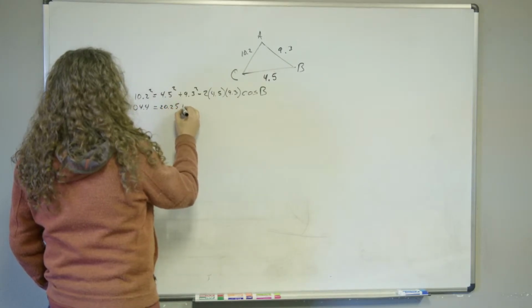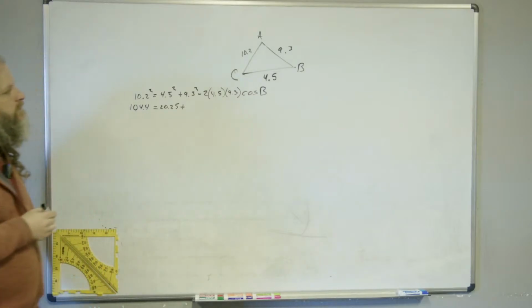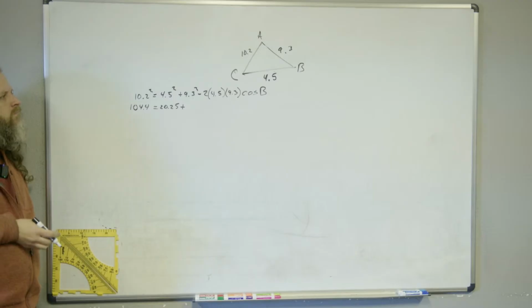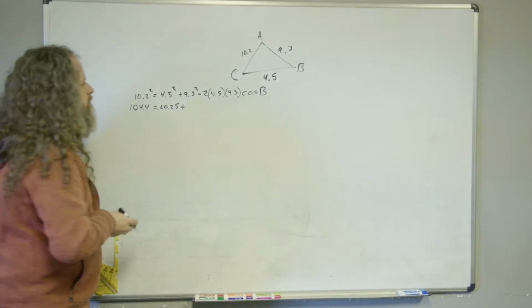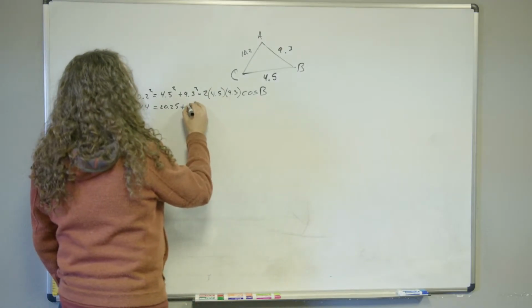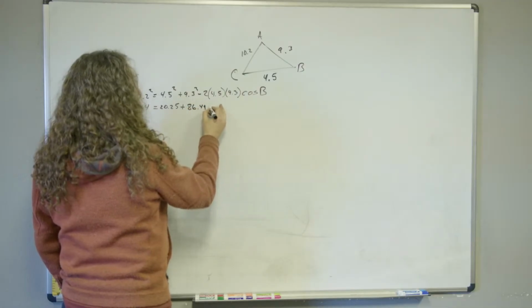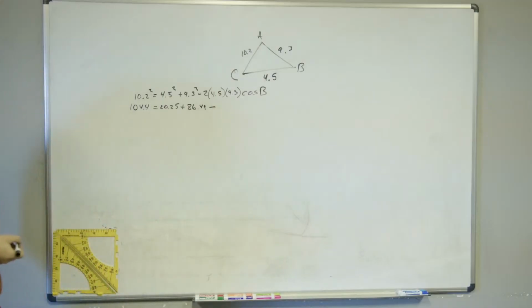What's 9.3 squared? And what's negative 2 times 4.5 times 9.3?